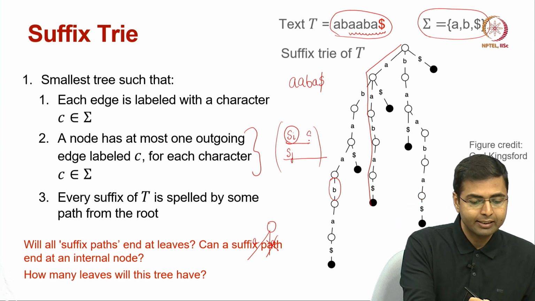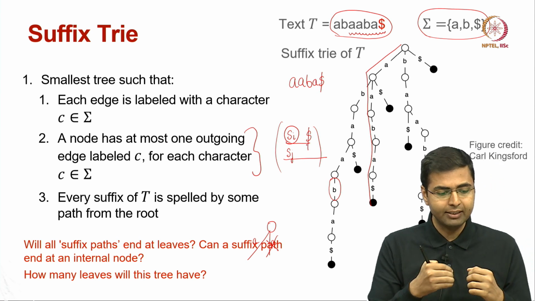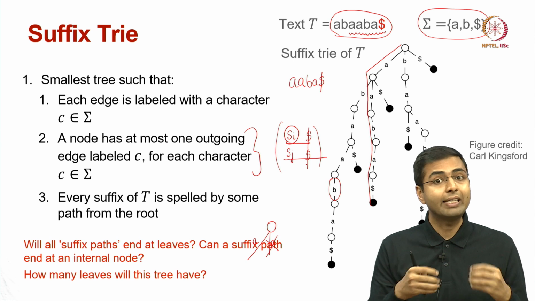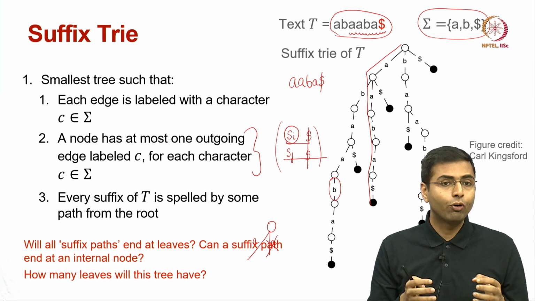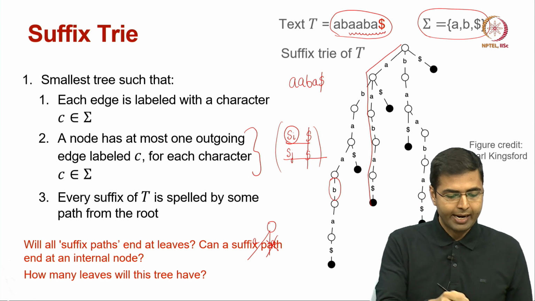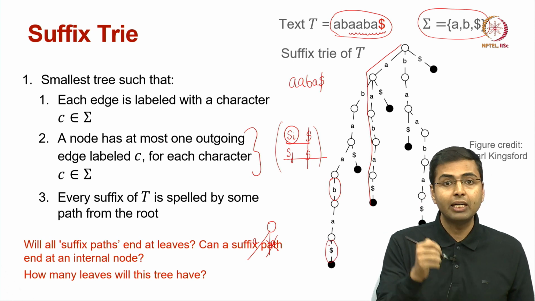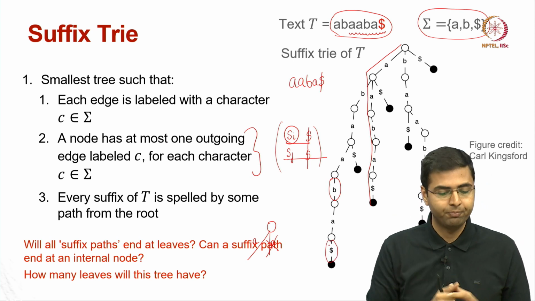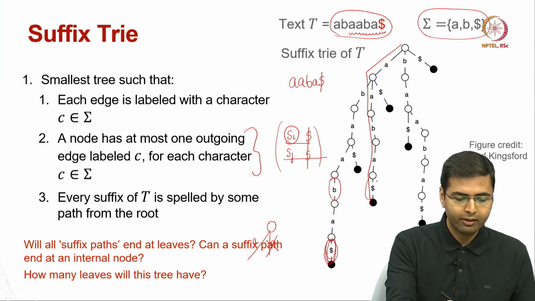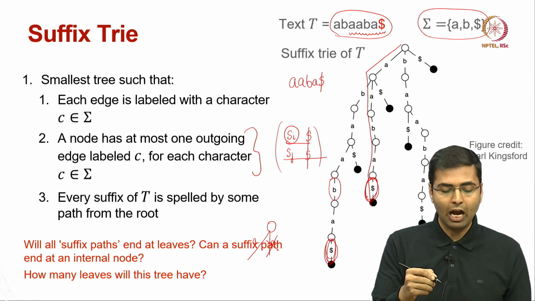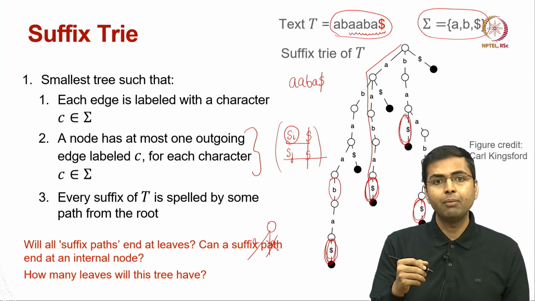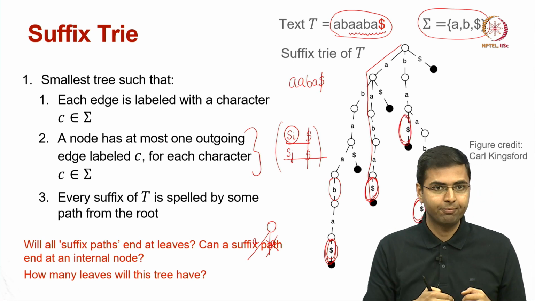So, if Si is occurring as a prefix, then Sj must have a dollar symbol in the middle of it, and that is not possible. Therefore, all the suffix paths must end at the leaf nodes, and the final edge just before the leaf node will be labeled with the dollar symbol. So, you can see that all the edges above the leaf nodes are labeled with the dollar symbol, because that is where all the suffixes are ending.